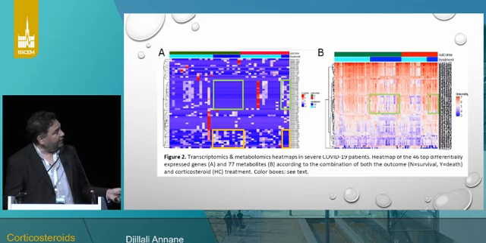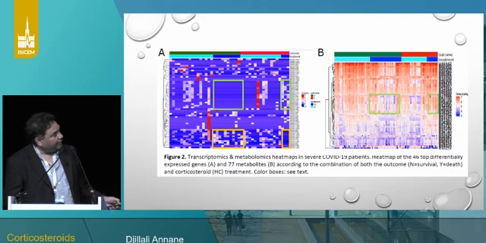And one can see here in the green box that there is a cluster of 46 genes that are completely downregulated in patients who survived while receiving hydrocortisone, whereas they are overexpressed in those who died when receiving hydrocortisone. And in reverse, that cluster of genes is highly expressed in hydrocortisone-treated COVID-19 patients who survived, whereas they are downregulated in those who died.